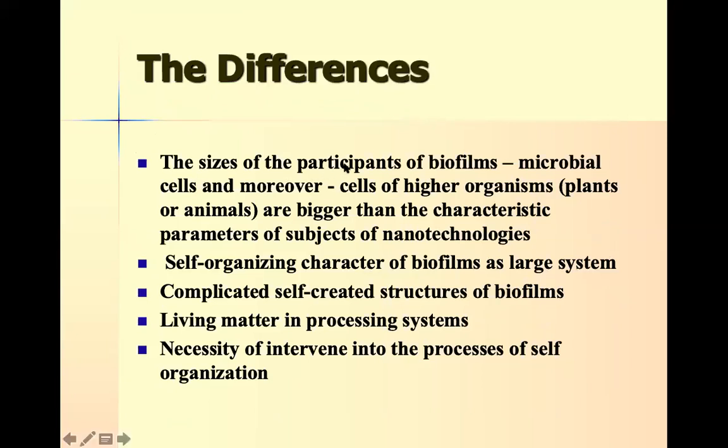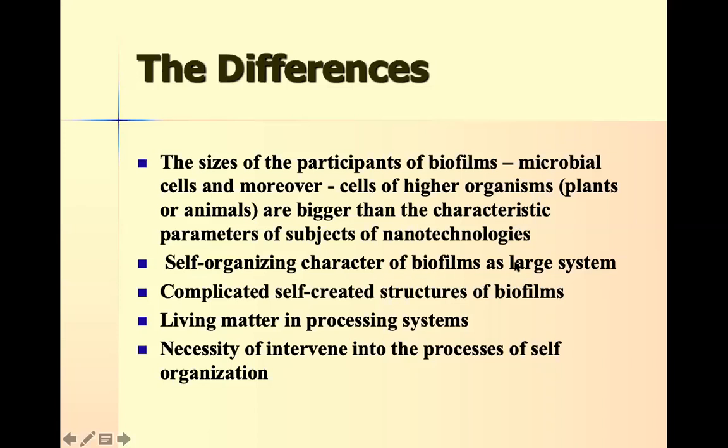The size of the participants of biofilm in case of microbial cells and moreover cells of higher organisms, plants, animals are bigger than the characteristics parameter of subjects of nanotechnologies. Nanotechnology always in nano size, but biofilm, they are larger than the nano size. They are micro to even millimeter in size. In case of plants and animals, they are bigger size.